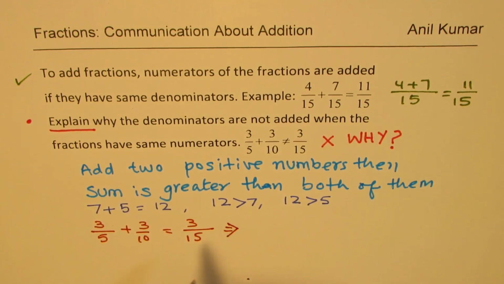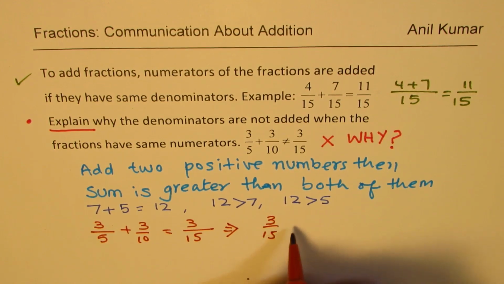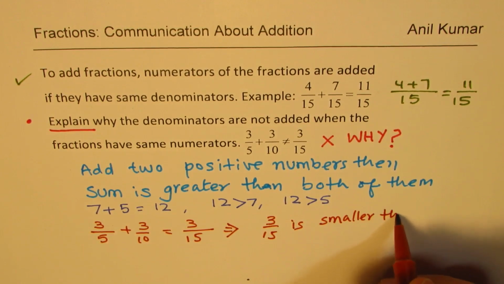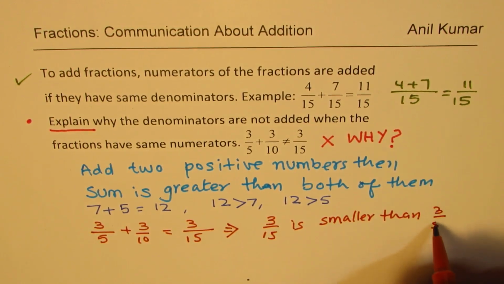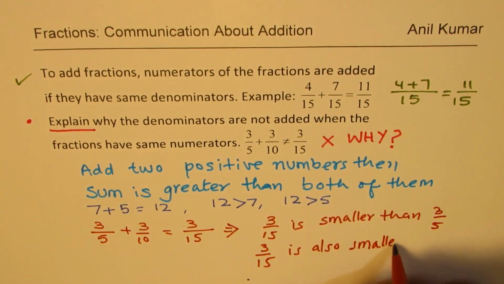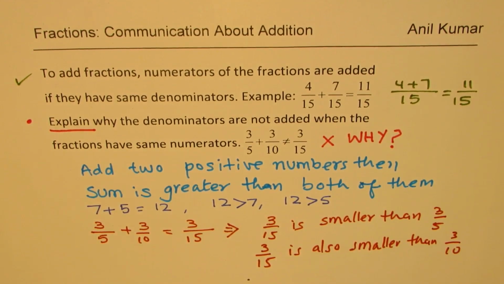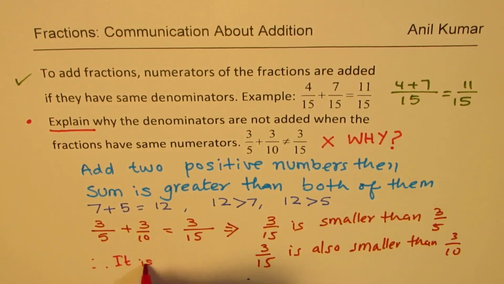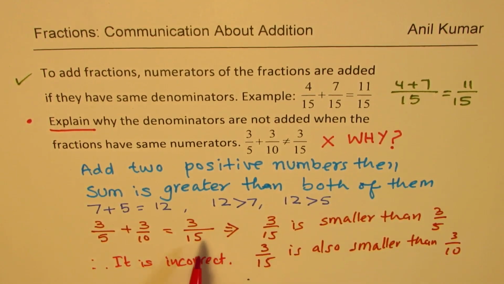That gives you a number, 3 over 15, that is smaller than 3 over 5, and 3 over 15 is also smaller than 3 over 10. Correct? Therefore, it is incorrect.